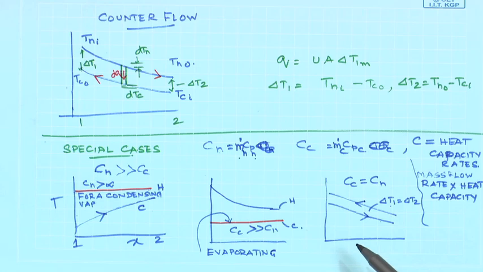The takeaway from this is, for both parallel flow and counter flow, this Q can be expressed as U A delta T, whereas in the special cases where the capacity C H is much more than C C, which is the case for condensing vapors, there is almost no change in temperature on the hot side of the fluid, which is obviously going to depend on the temperature and pressure of the gas which is condensing, let us say steam.